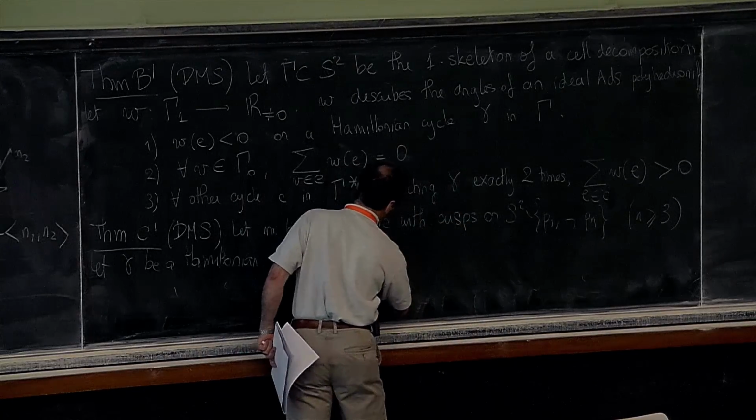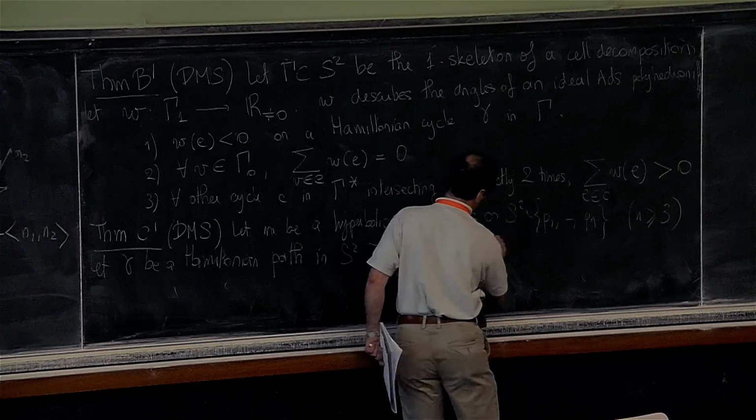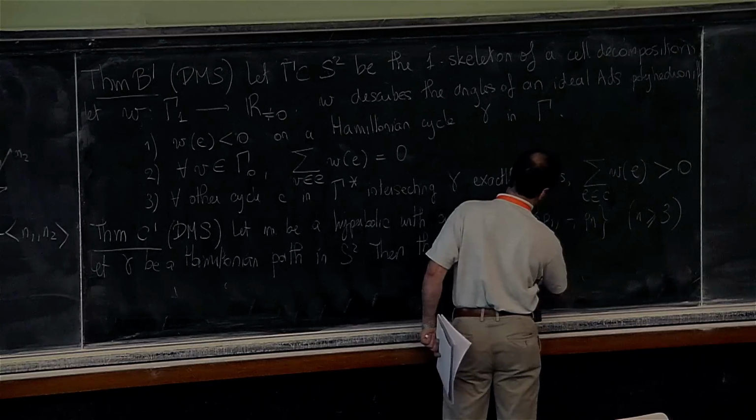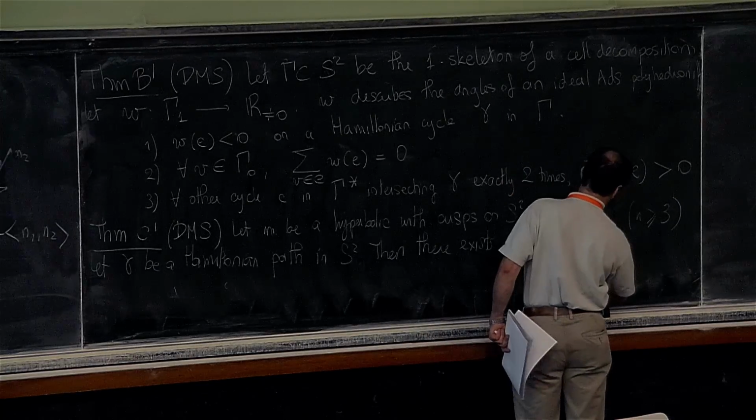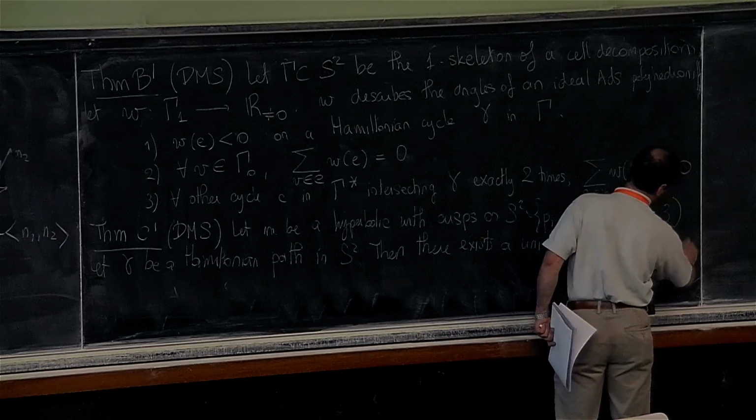And then there exists a unique P in ADS3, which is an ideal polyhedron.